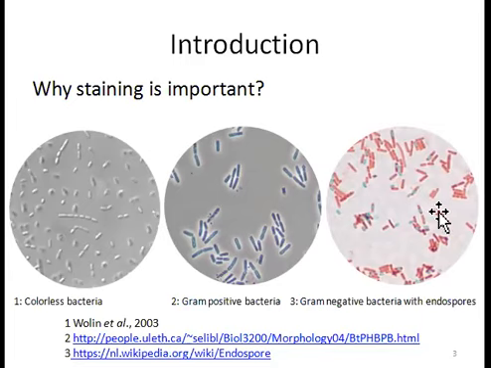The blue color represents the endospores and the pink color represents the gram-negative bacteria. So you can see the bacteria more clearly with the help of the compound microscope by staining procedures, which involve different types of staining. Here you can see the gram-positive bacteria stained using the gram staining technique, and these are stained with the help of endospore staining techniques.